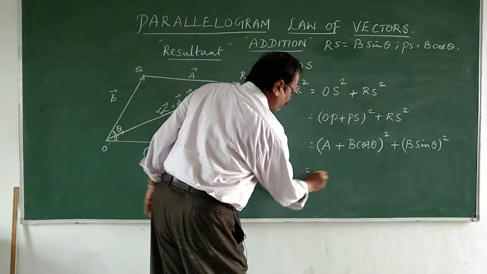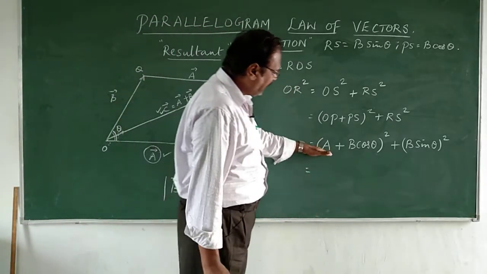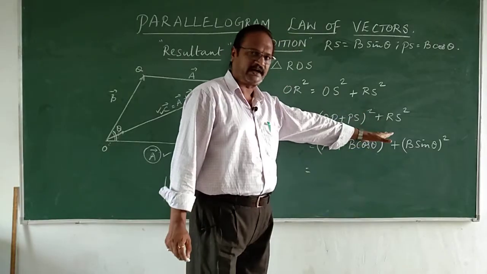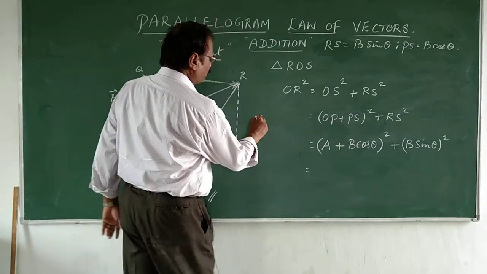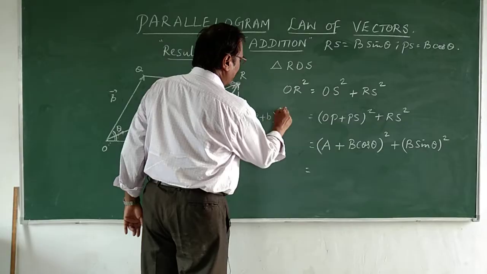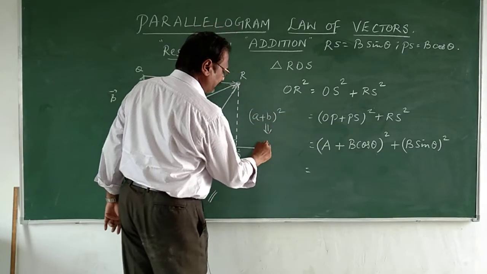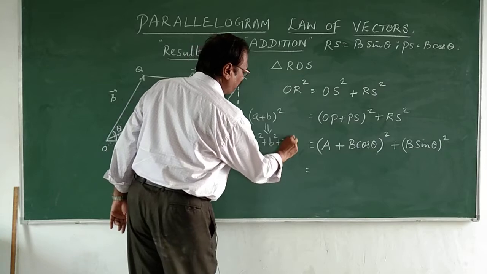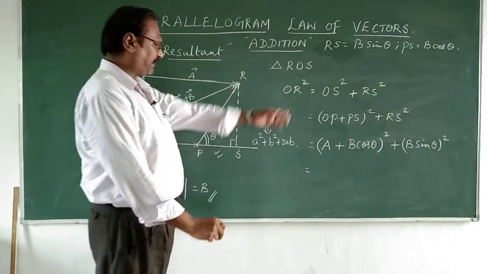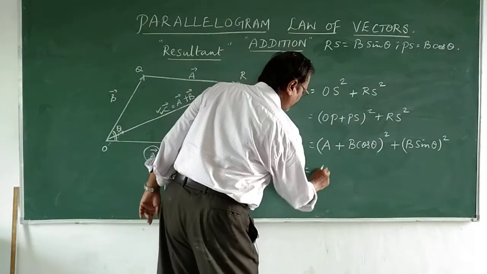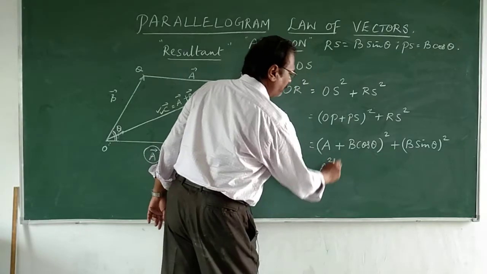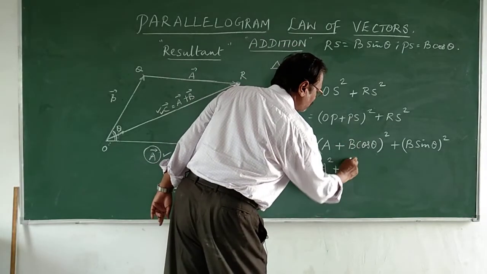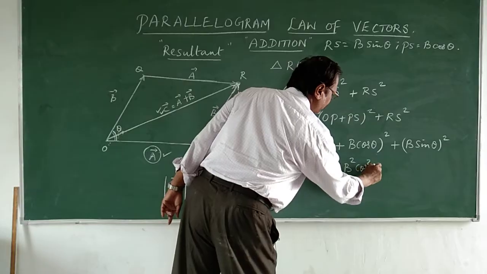That is equal to, look here carefully, A plus B the whole square. What is A plus B the whole square? A plus B the whole square is the identity A square plus B square plus 2AB. Let me write it now. That is A square plus B square, that is B square cos square theta.